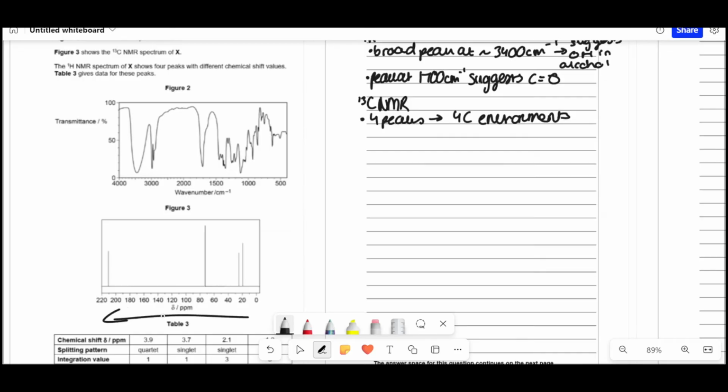Then I work this way with those, from 0 onwards, just because it makes a bit more sense. In this carbon-13 NMR spectrum, we have a peak at roughly 25 ppm. So that suggests what?